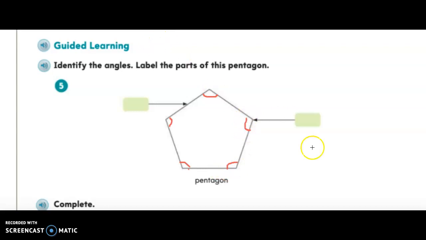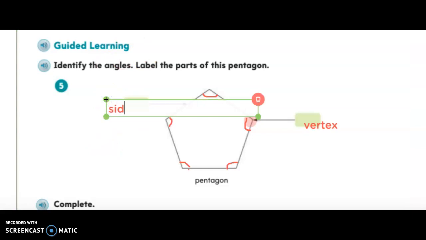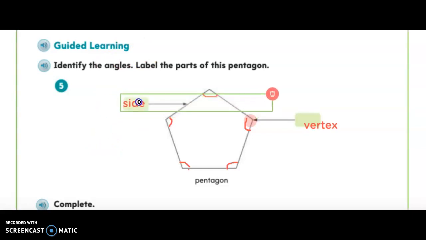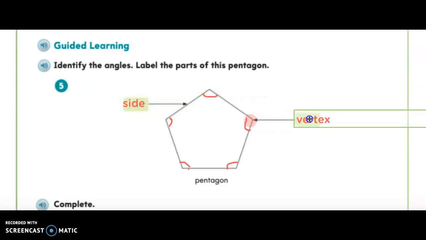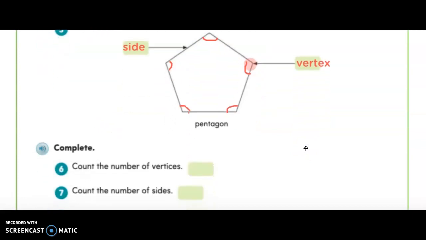Now, if we look at where these are pointing to, this is pointing right directly at that corner right here. So this is pointing to a vertex. And now this one is pointing to the line segment, and the line segments we call sides. So that is pointing to a side. This is pointing to a vertex.